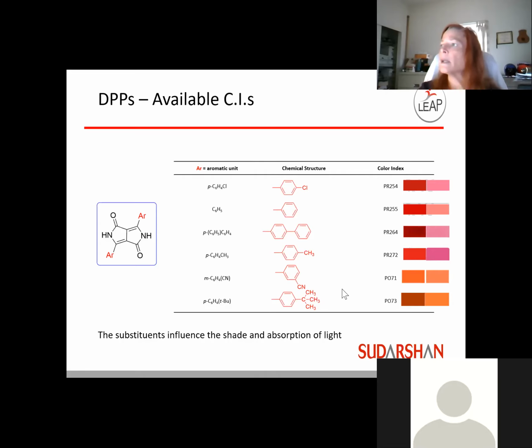And it's these aromatic units attached to the polycyclic ring which influence the shade of the pigment by the absorption of the light. The next set of slides will go into a little bit more detail on each of these CIs so that you have them for your reference.